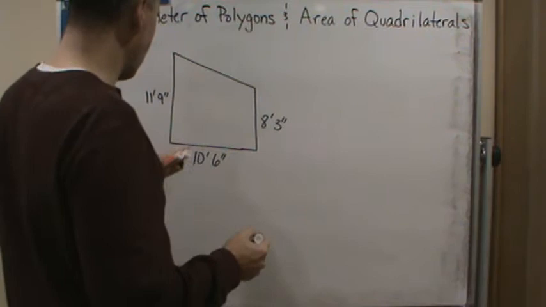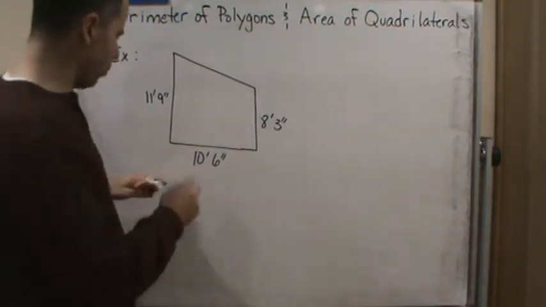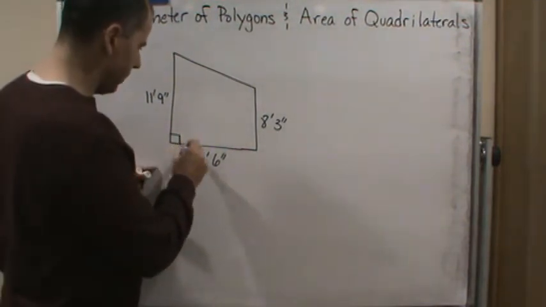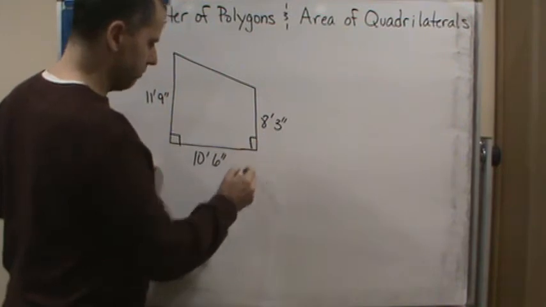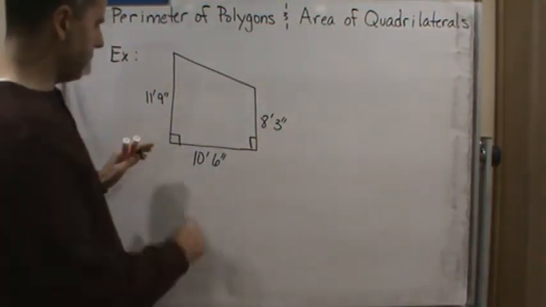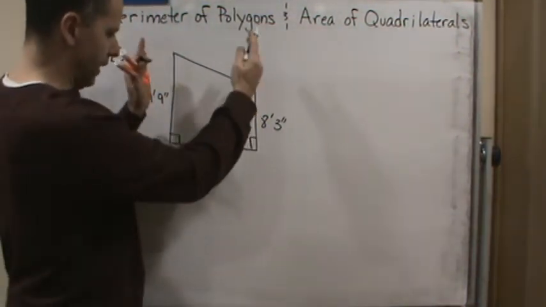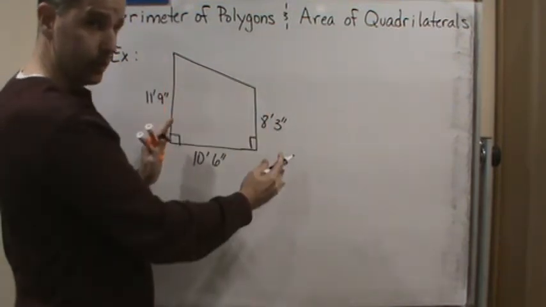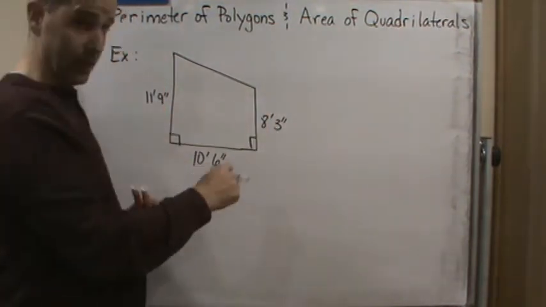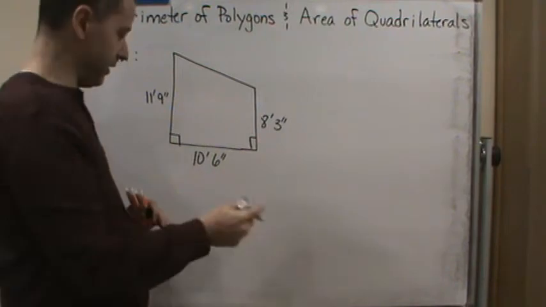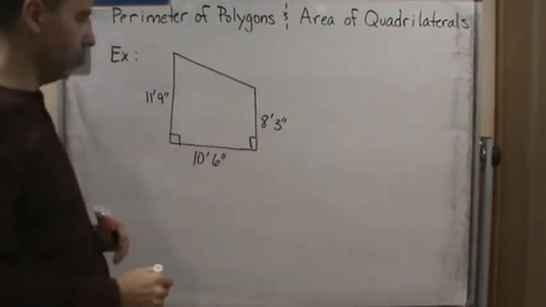Oh, by the way, also realize that these are trapezoids, right? You've got two parallel lines, the walls. That's the only set of parallel sides. The other two sides are not parallel.